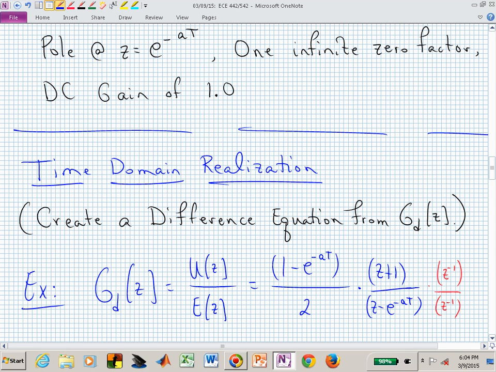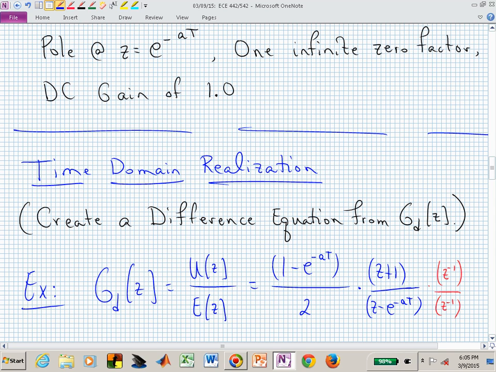I'm not sure that you would want to do anything. You might have to go back and see if there's a way that you could do something similar to what we did by forcing a zero at infinity if you needed to make this one time step delay. Here it's natural to do.